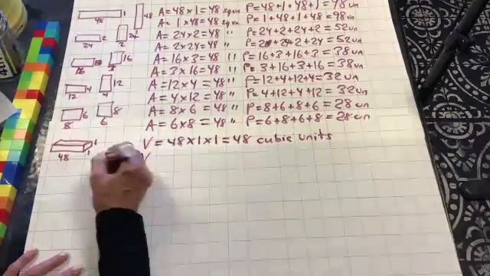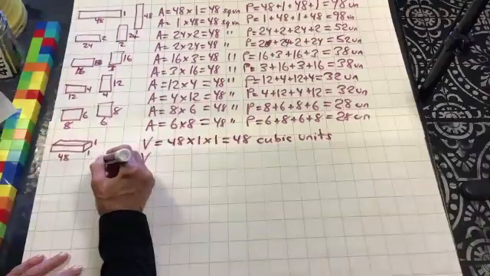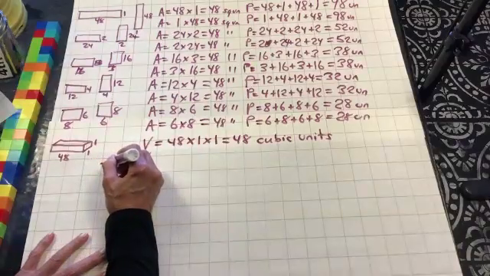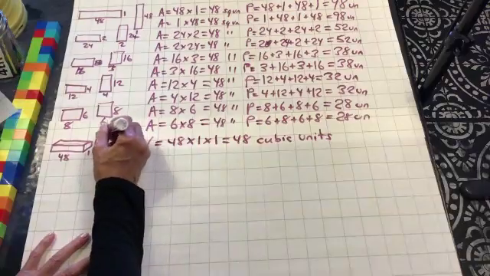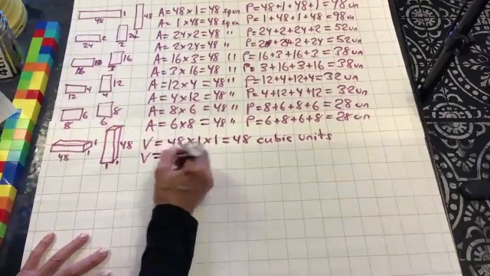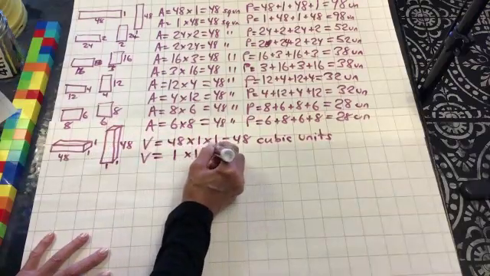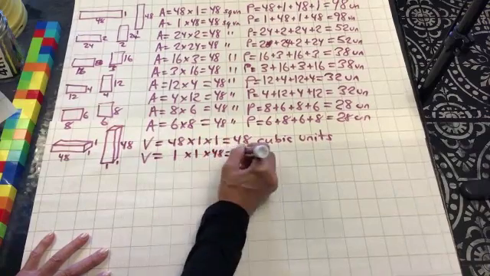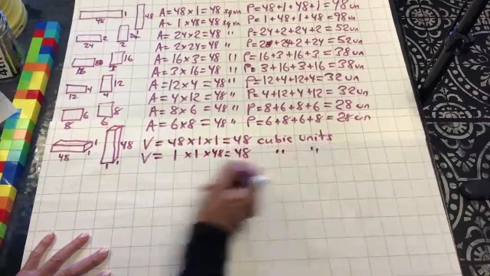All right, and then we'll change it up and we'll do a 1 by 1 by 48. I got the room there, so I'll do it 1 by 1 by 48 equals 48 cubic units.